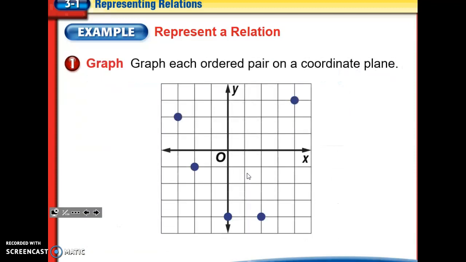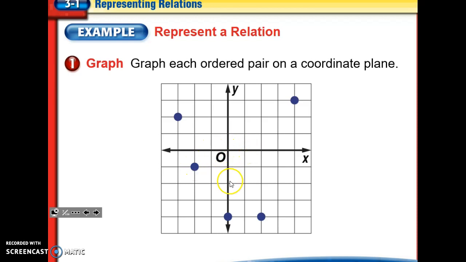Now, if we were to graph the list of ordered pairs that you had in your example, we would make a quick coordinate graph with 4 quadrants. So I would list -4, 2. Actually, that's -3, 2. Sorry, guys. Here is my -2, -1.